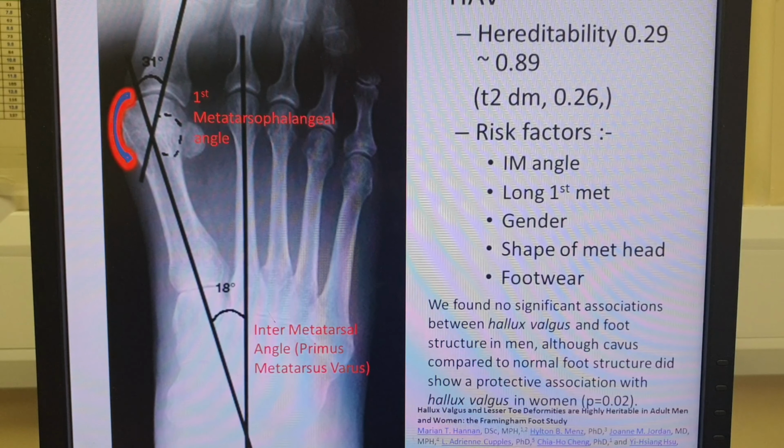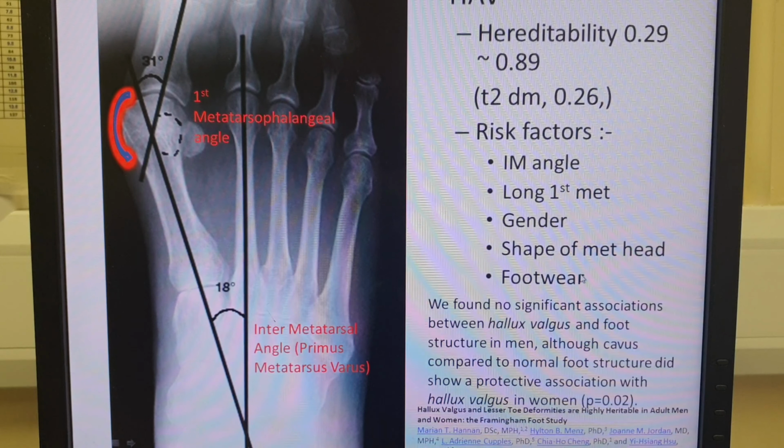The really interesting thing in this study was that there was no significant association found between hallux valgus and foot structure in men. However, cavus foot structure did show a protective association in women. So in other words, on the data that they had, and when you iron out the statistically insignificant stuff, they found that if you had a high arch foot, you were less likely to have it, but that the vice was not versa, that if you had a lower arch foot, you were not more likely to have it.